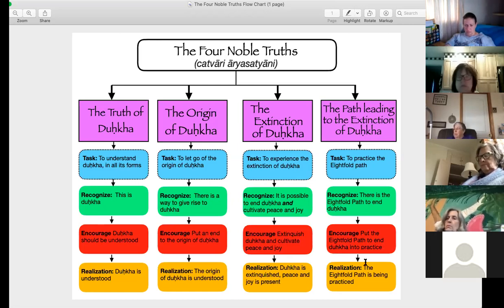And the wording of that isn't so great. Then the last, hopefully, in the realization is that we realize that we are practicing the Eightfold Path. So that's the basic foundational teaching that the Buddha created after his awakening experience.